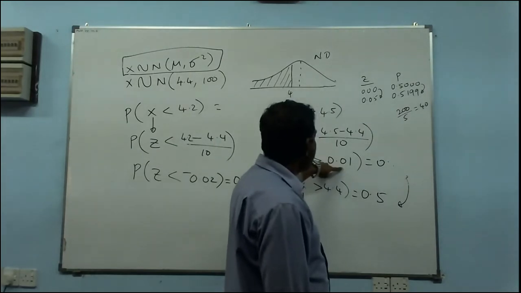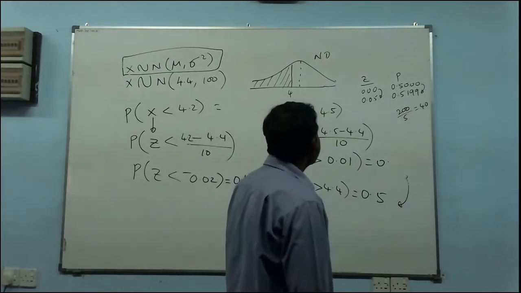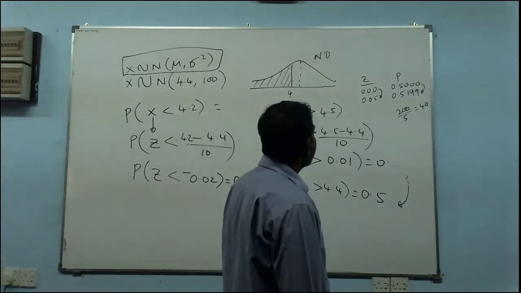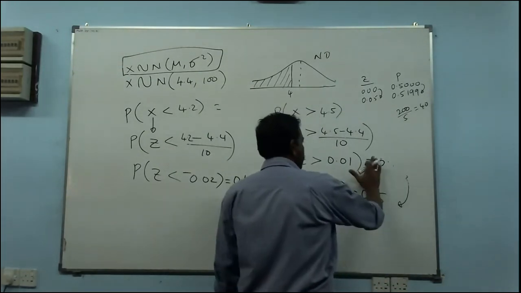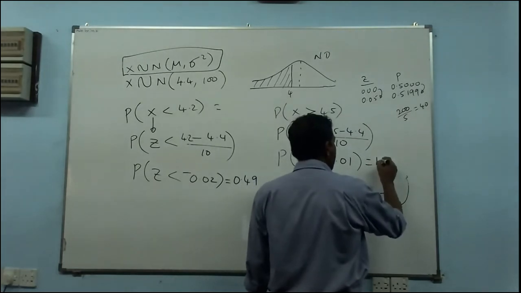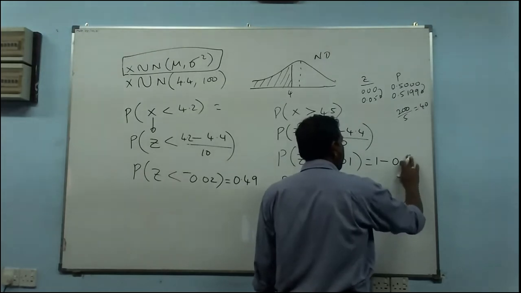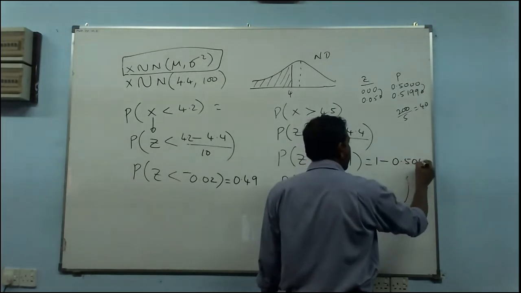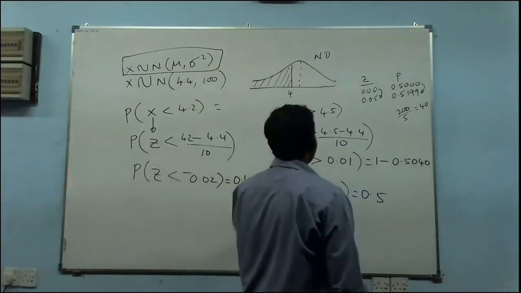This is correct, right? 0.01. Right? Yeah. 1 minus 0.5040. Do you agree with that?